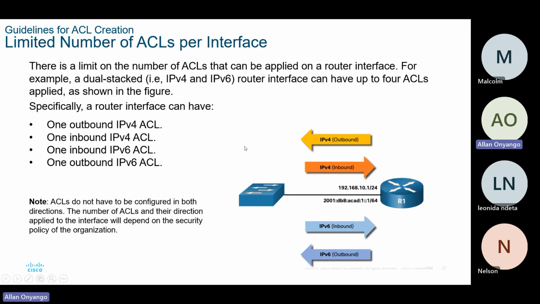We did mention that a wildcard mask is the opposite of a subnet mask. If you are given a subnet mask like 255.255.255.0, you will need to subtract it from a /32 subnet mask, which is 255 on all four octets: 255.255.255.255.